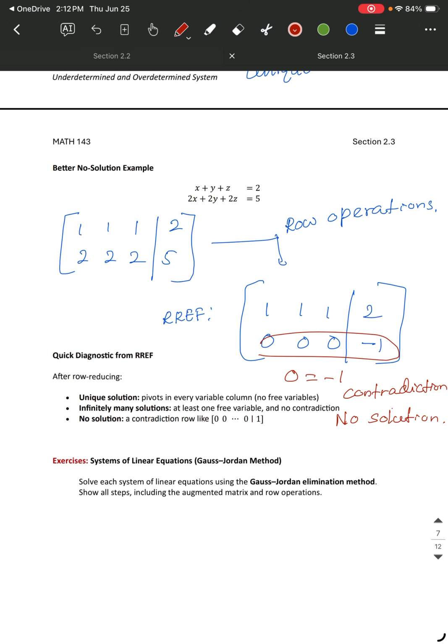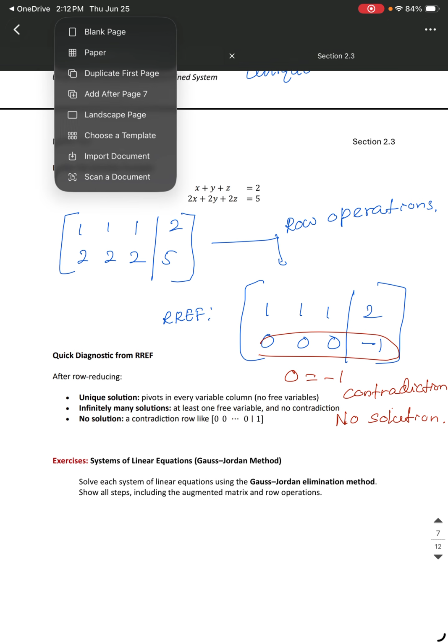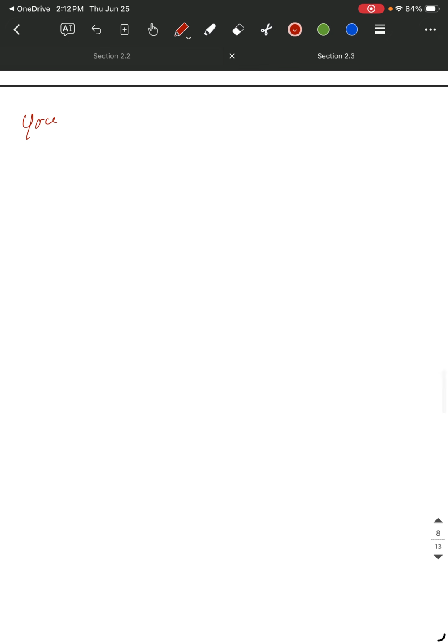So, let's see the quick diagnostic. You don't always have to solve the entire system to understand what type of solutions you have. Right? Let's add one page here.